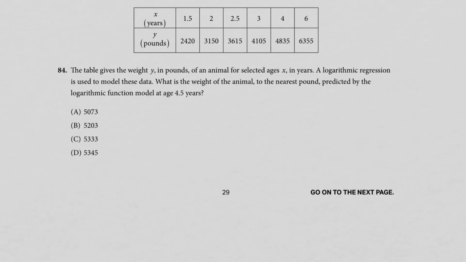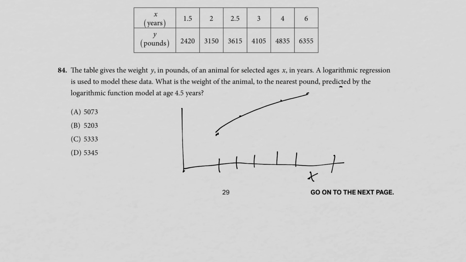Okay, so for question 84, we have years: 1.5, 2, 2.5, 3, 4, 6. And we have the pounds, it's going up. Something like that. So this curve is looking a little bit like a logarithmic curve. It's growing, but it's kind of growing slowly.